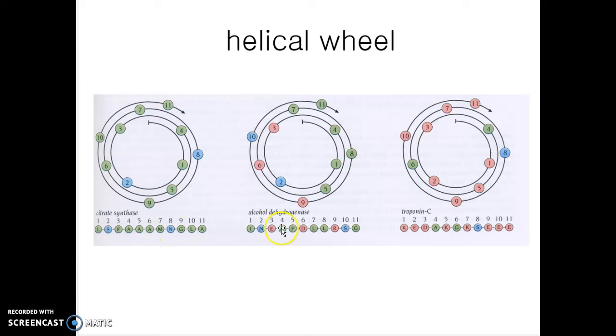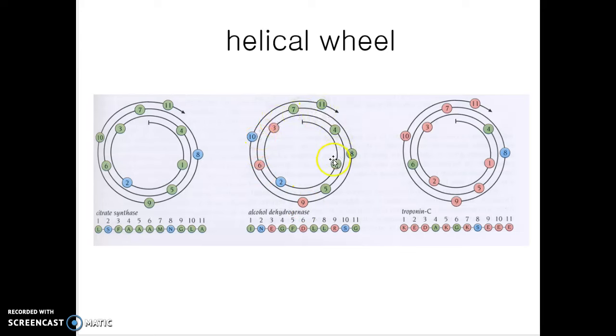In the center, you can see one alpha helix in alcohol dehydrogenase. Again, green is hydrophobic, blue is polar, and charged in red. But you cannot easily figure out the property of this alpha helix.